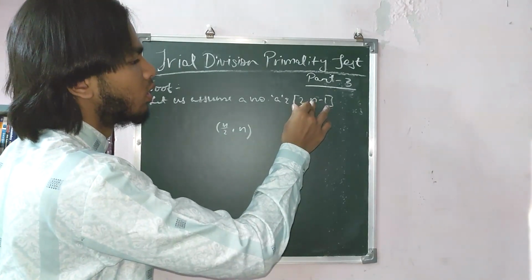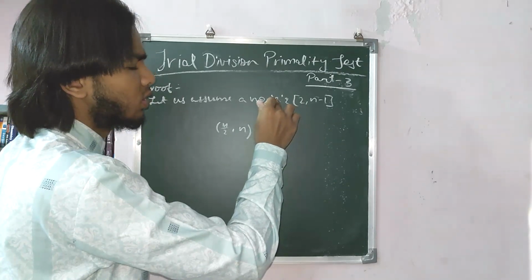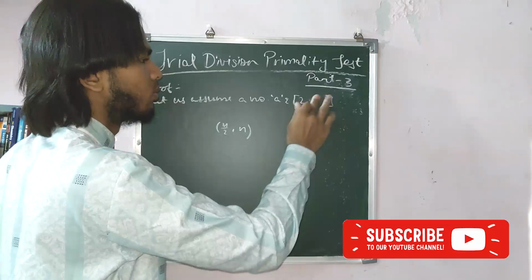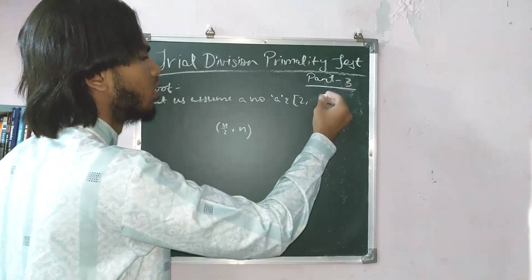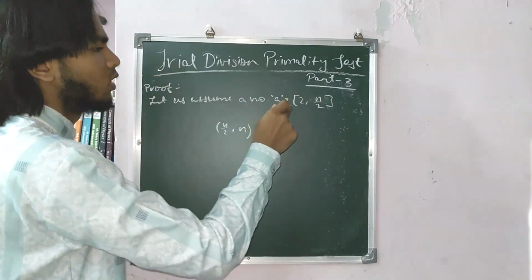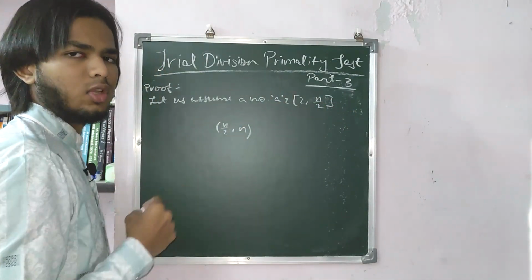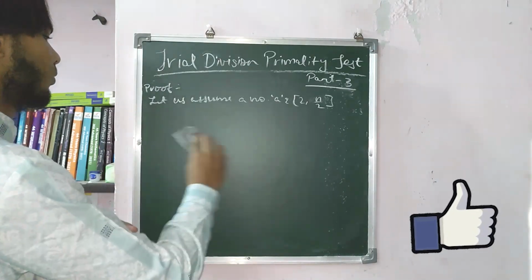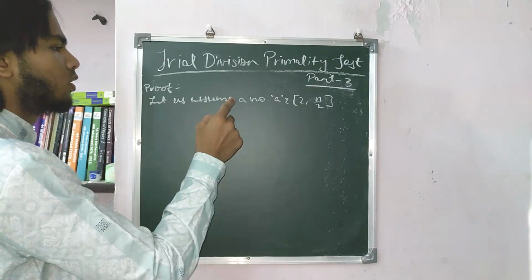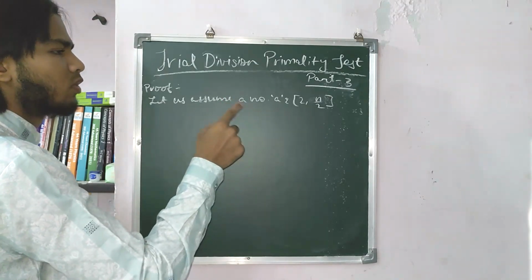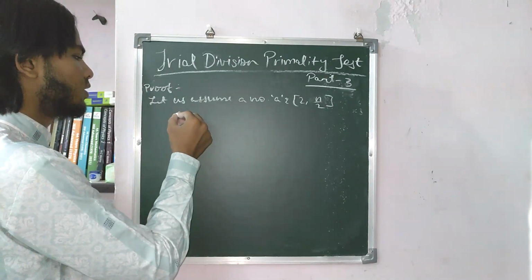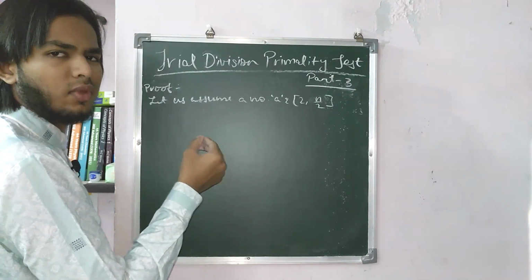So we will restrict its domain or range from 2 up till n by 2, because in this range it can be a factor of a given number. So now if we assume a number a which belongs to 2 to n by 2, and let's say that a divides n completely, a is a factor of n.